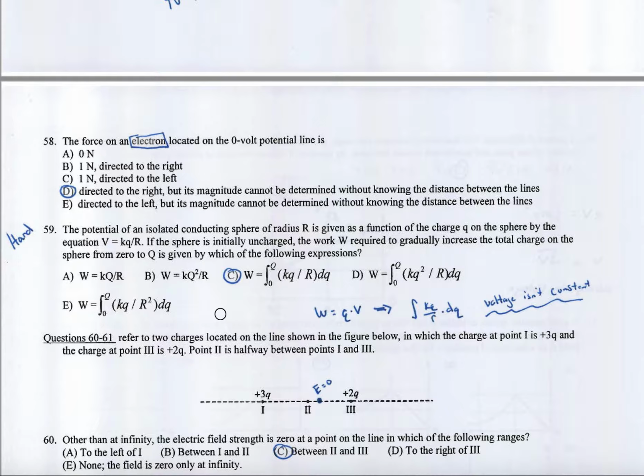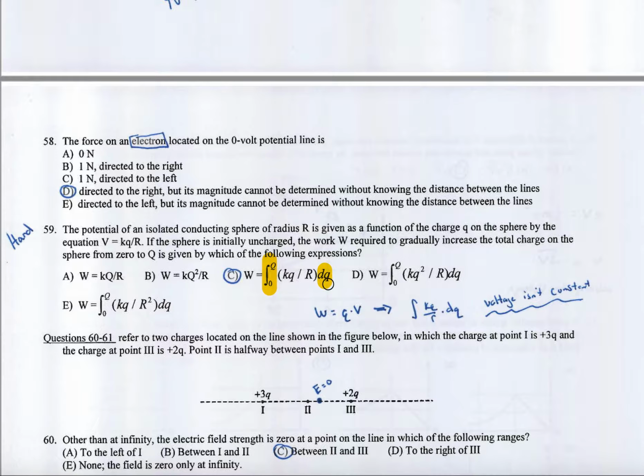And so the work really is going to be this accumulation, where the charge keeps growing. So you're going to integrate from 0 and accumulate all these little bitty dq's from 0 all the way till you get to capital Q. And we know that the work done is the voltage, KQ over R, times this dq.